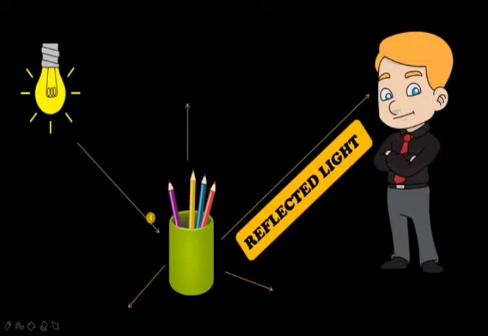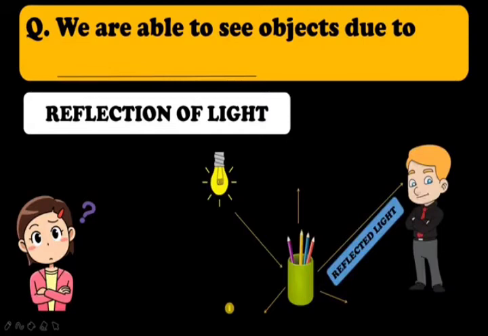So simply the light falling on an object does not mean you can see it. There are two things you have to notice. If you want to see an object, the light should fall on the particular object, and from the object the light should reflect back and reach your eyes.